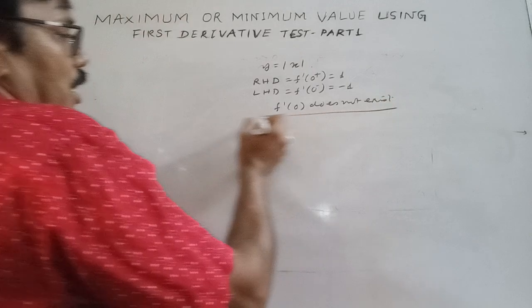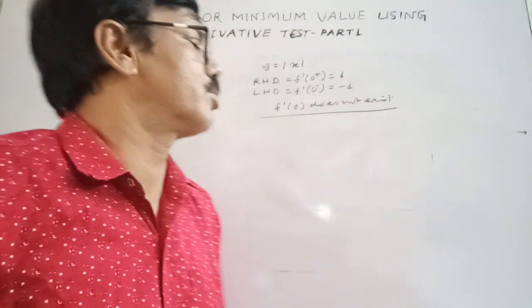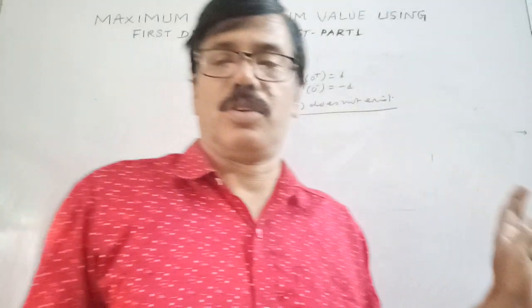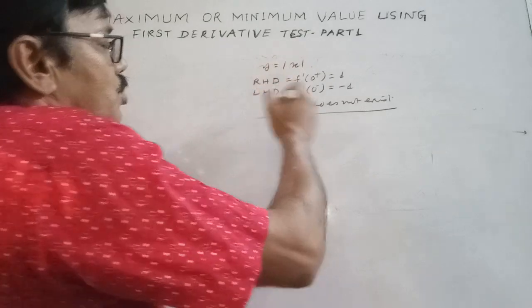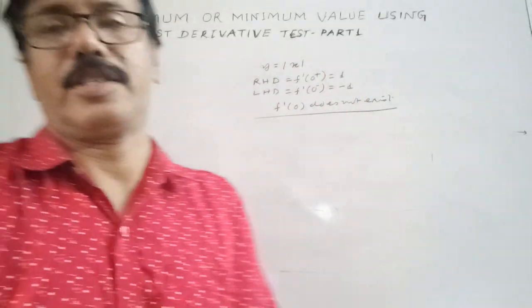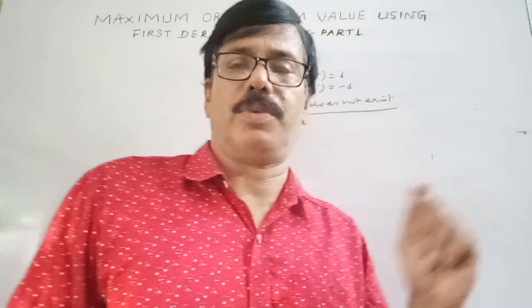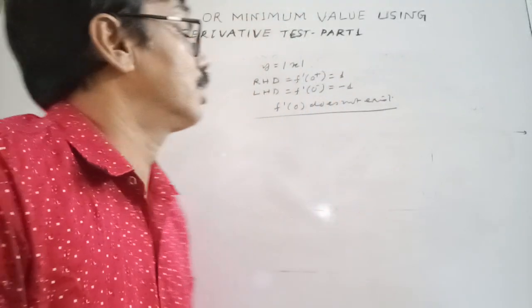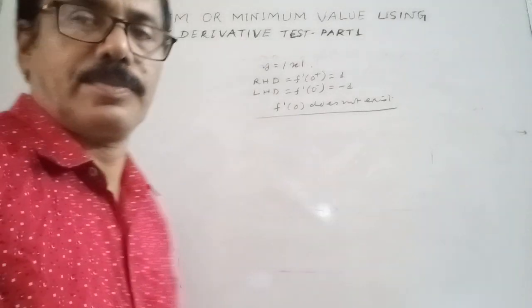So y equals to mod x is a function for which derivative does not exist, but it has extreme value. If it is plus mod x, minimum value. If it is minus mod x, it has maximum value.